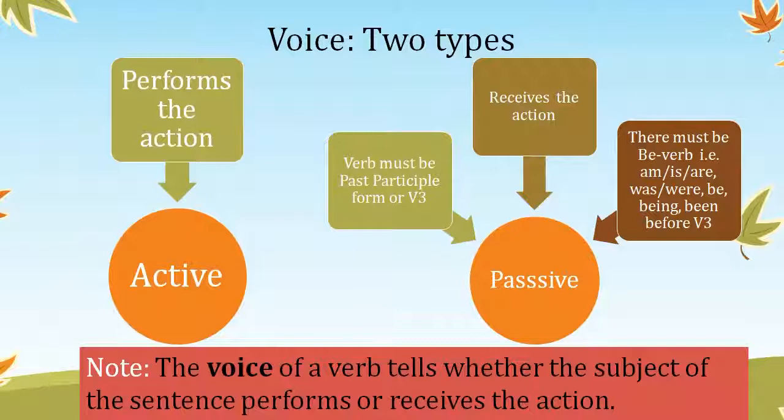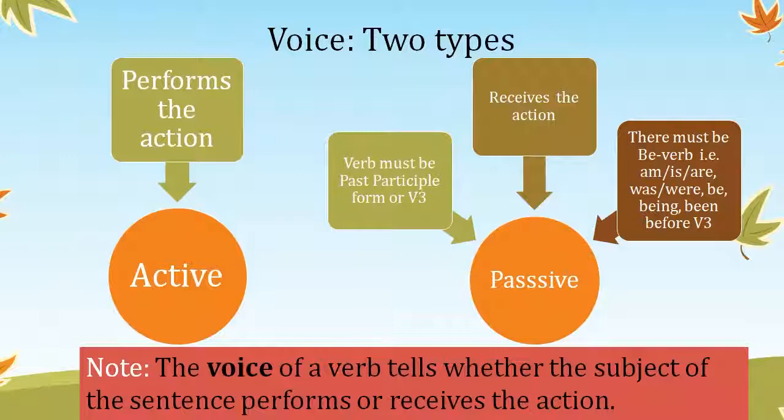First of all, you must understand what we mean by active voice. Active voice, you can see here, performs the action. In active voice, the subject performs the action. For example, Hari teaches English.